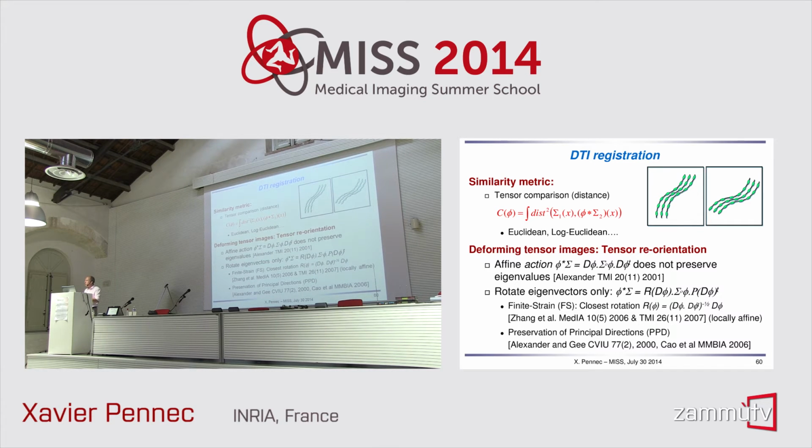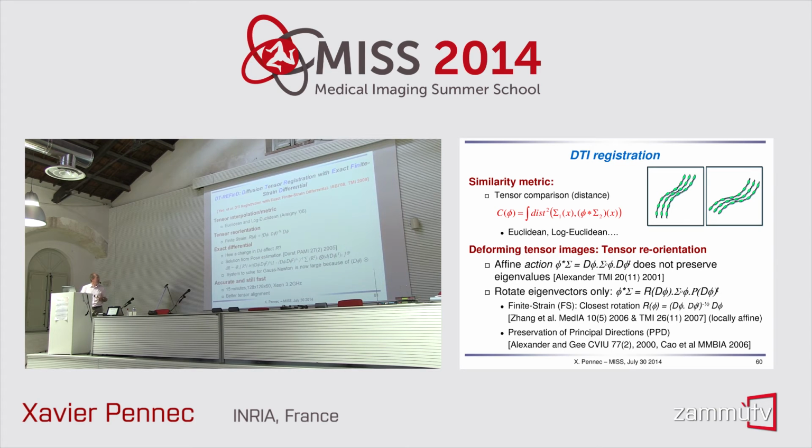We have to define a proper transport of the tensor by the deformation. And there are two main methods: finite strain and preservation of the principal direction, which are usually used. So I personally prefer this one because there is a formula which is easier to write. This one is basically more an algorithm, but it can still be differentiated.